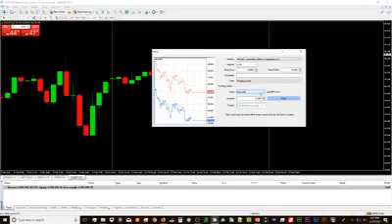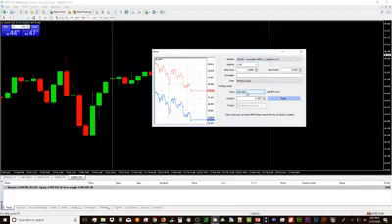Buy limit is if you think price is going to go down and then go back up. So you would set your buy limit, let's say, at 85.